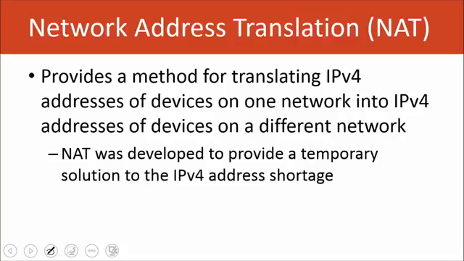I should have said that IPv4 addresses are limited. We actually have more devices than available addresses with IPv4, which is a huge problem. So this allows us to make better, more efficient, more effective use of them. And here's a little bit more information on NAT, stuff I just said. It was developed to provide a temporary solution to the shortage of IPv4 addresses.